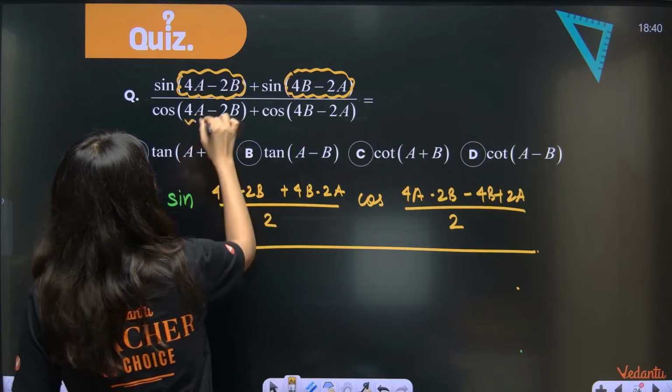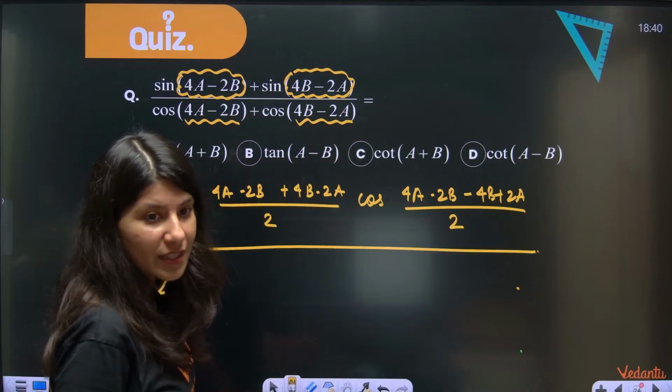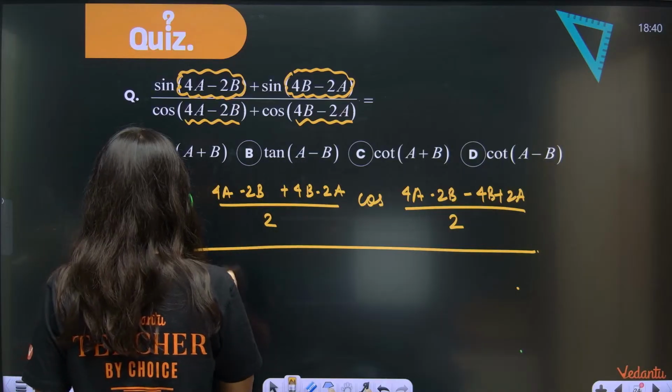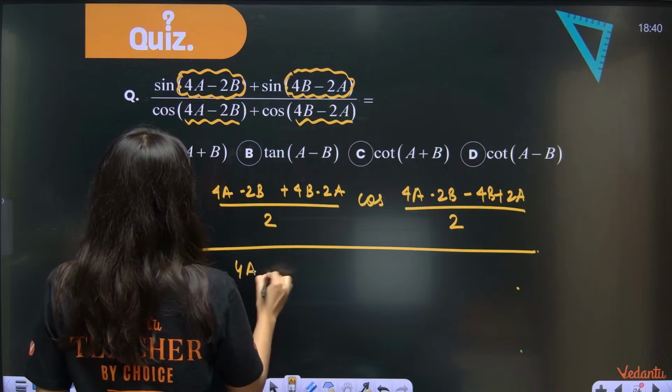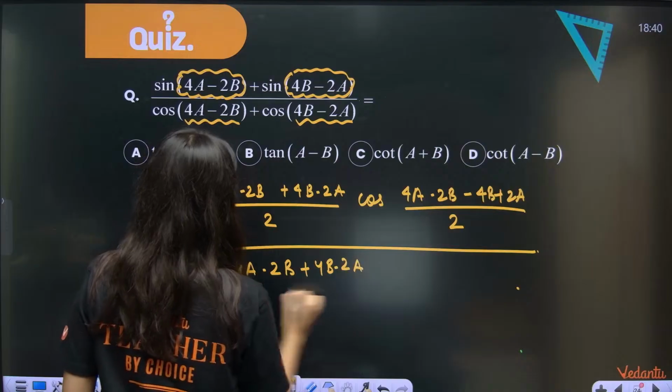Cos C plus cos D. I am repeating it for you, Jayashri. Listen. Cos C plus cos D is all cos: 2 cos (C plus D)/2. So (4A minus 2B plus 4B minus 2A)/2.